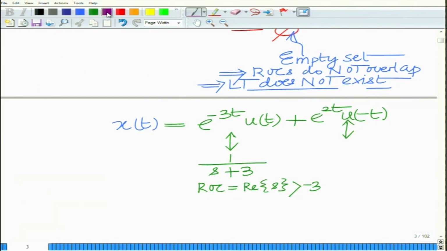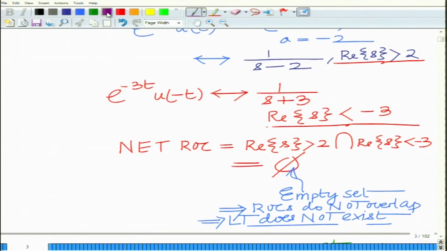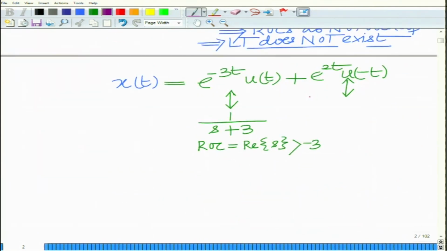Here I will correct this: the Laplace transform is minus 1 over s plus 3. Therefore, the Laplace transform of e raised to 2t u(minus t), which is minus e raised to minus a t u(minus t) with a equal to minus 2, is minus 1 over s plus a, with a equal to minus 2.